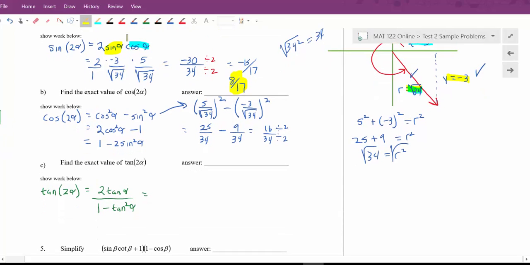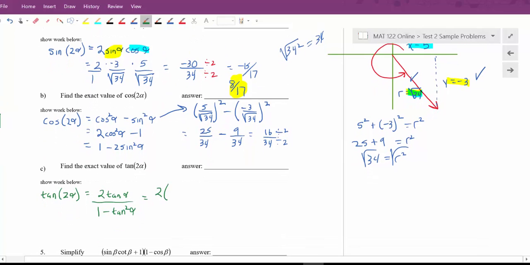So I'm going to replace, in this expression, I'm going to have 2 times negative 3 over 5. Yeah, negative 3/5. So I'm going to put that in like this, and in the denominator I'm going to go 1 minus negative 3/5 squared. So the numerator, you can put that over 1, and that will be negative 6/5.